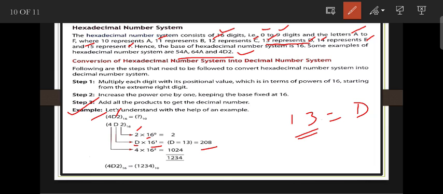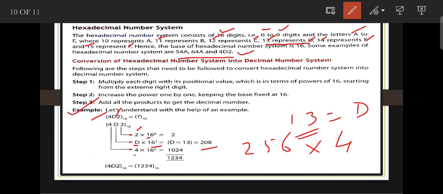And next is 4 multiplied by 16 to the power 2. 16 to the power 2 is equal to 256, and 256 into 4 is 1024.